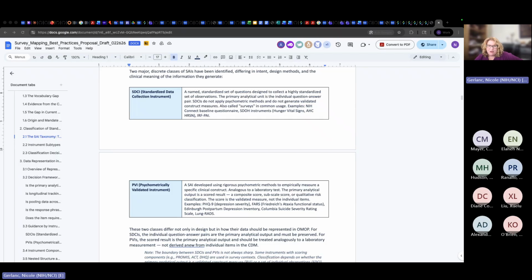Okay, so Diane, you had your hand up next. I just wanted to agree that I think the lowest hanging fruit is finding a common way to get the question answer pairs at least into OMOP somehow. And I understand there's a lot of moving parts, but I'm afraid if we concentrate on getting that model perfect, then it's going to take us longer to get there.